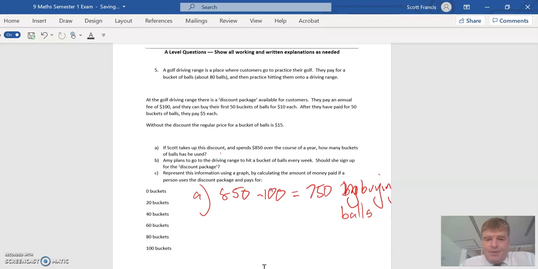Now, the first 50 buckets is $10 each. So now we can say $750 minus $500 leaves $250. So this is after 50 buckets.